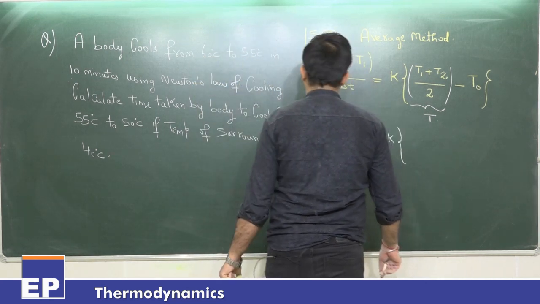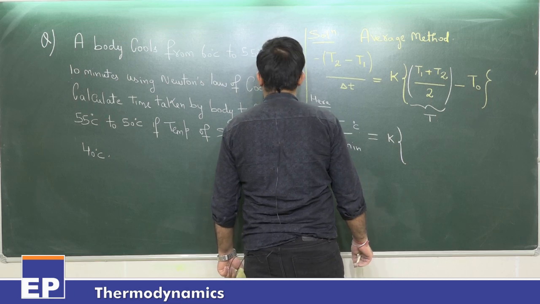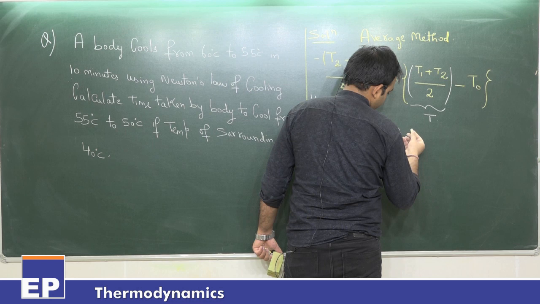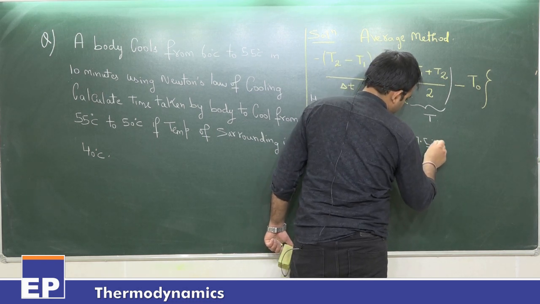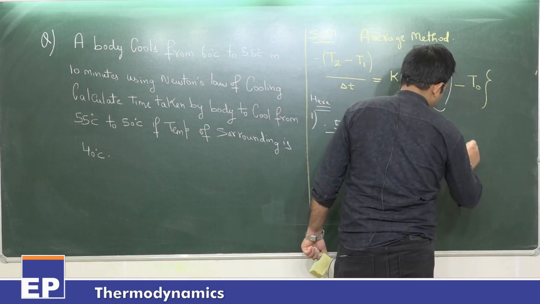60 plus 55. 115 by 2. 57.5 degrees Celsius minus T naught. What is T naught? 40.